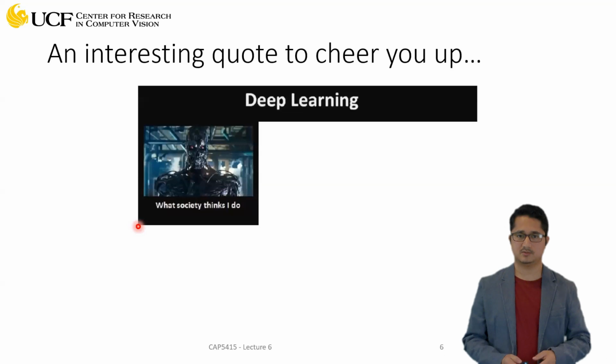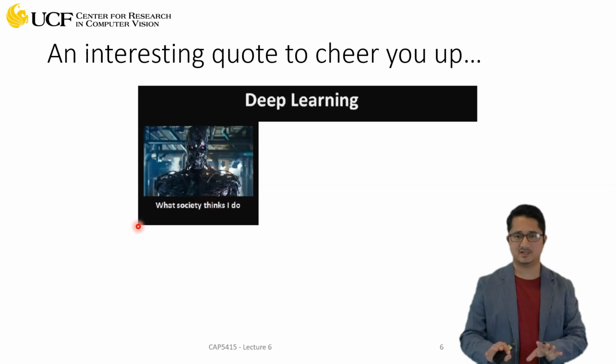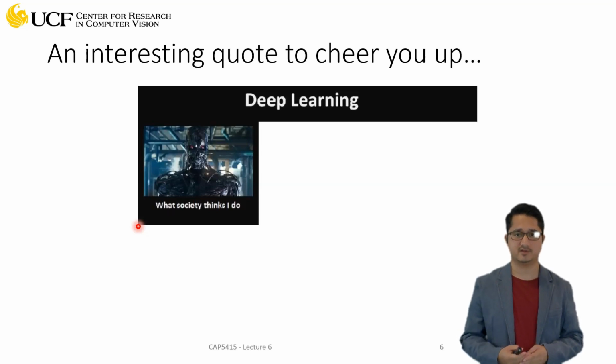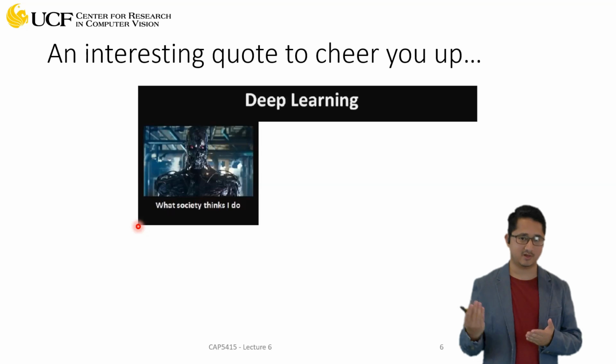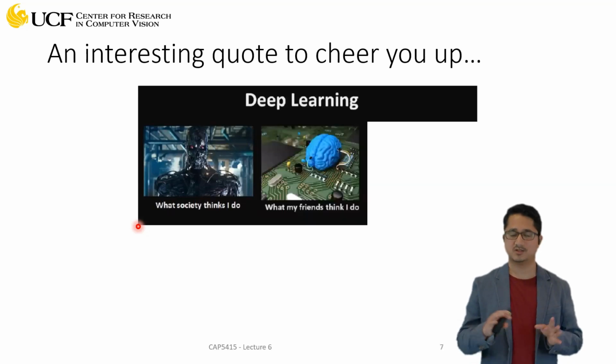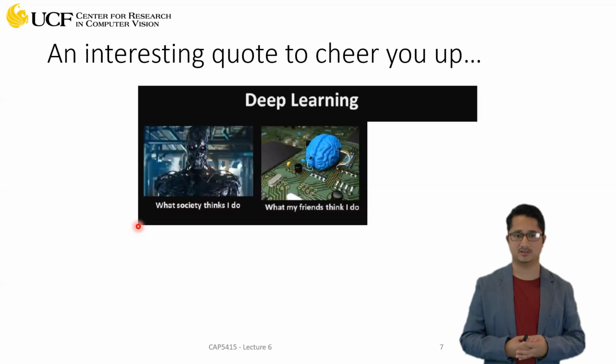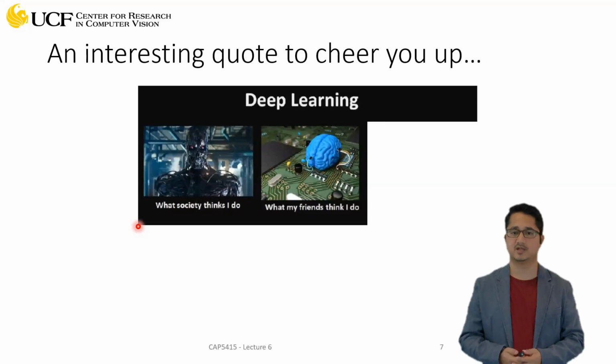Before that, some very interesting examples for you. This is just a joke, so not part of the lecture. These days, when you're working on deep learning, it's very fascinating, right? A lot of people, and most fields, are interested in this area and are trying to use deep learning in their research. For the general society, it's a very big deal, given the kind of impressive results we have.